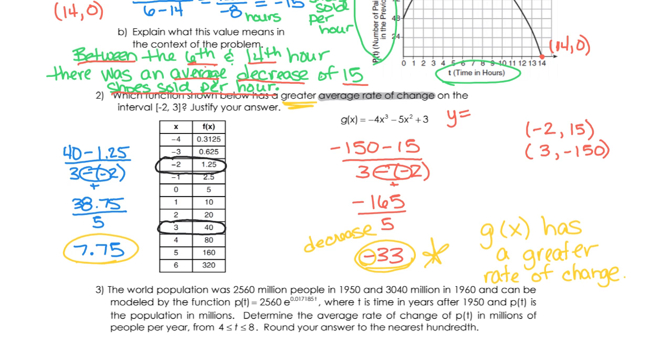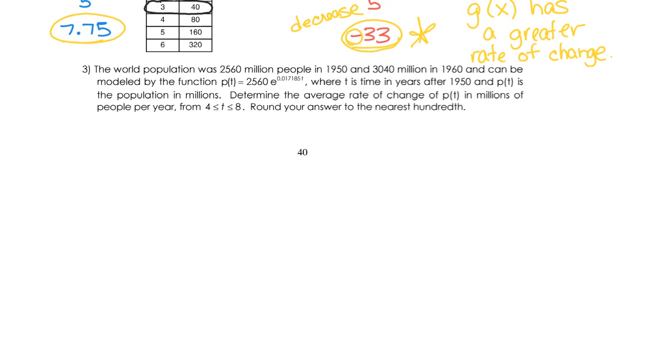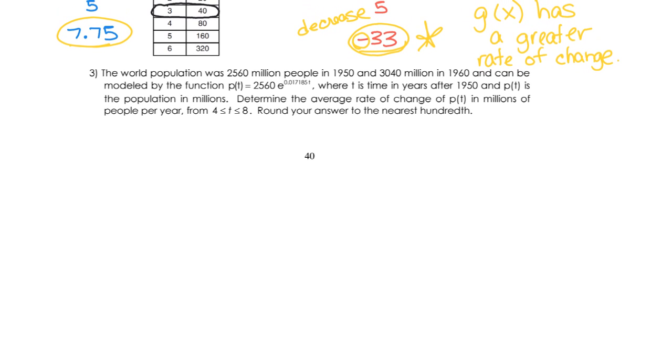Okay. All right. We got one more question on this page. So we'll scroll up. And in number 3, guys, it says that the world population was 2,560 million people in 1950 and 3,040 million in 1960 and can be modeled by this function P of t, where t is the time in years after 1950 and P of t is the population in millions.